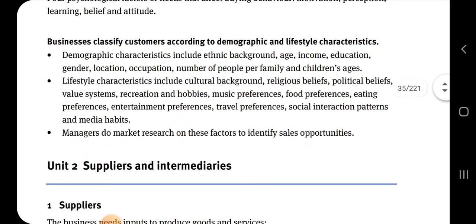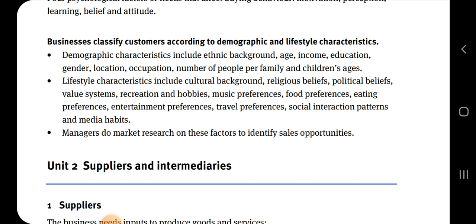And then businesses classify customers according to demographics and lifestyle characteristics. So as a business, when you are trying to cater for a more high end market, you will position your store in a high market area where people have a higher lifestyle. But when you're trying to accommodate everyone and bring it down, where your business is located is also key.